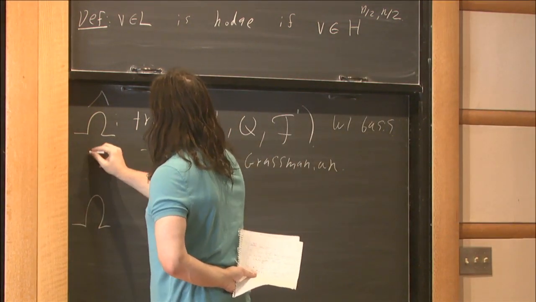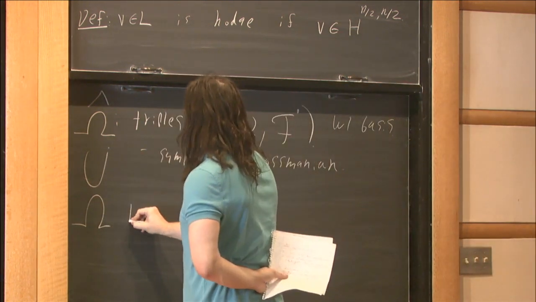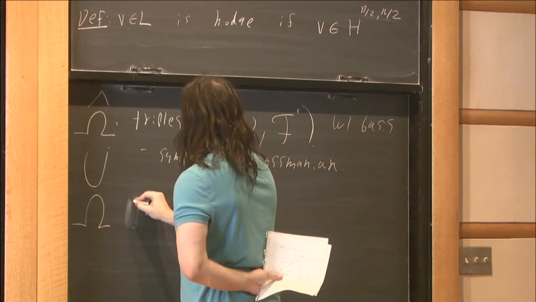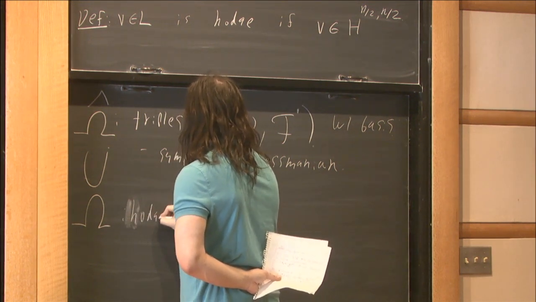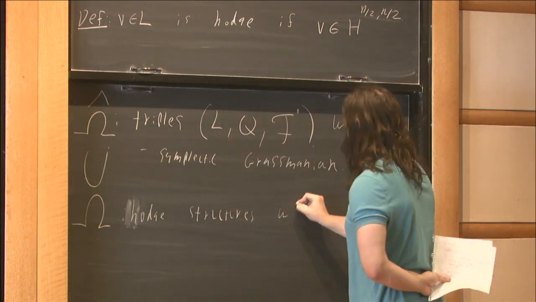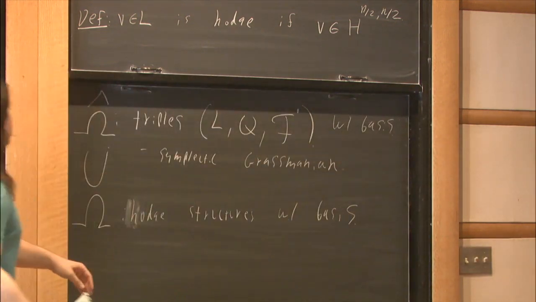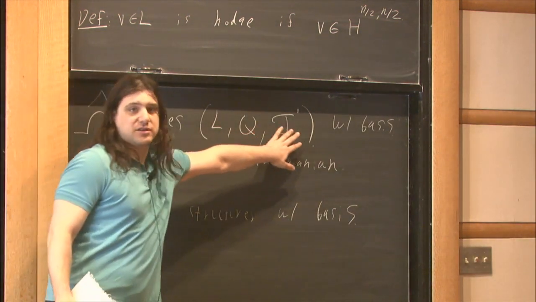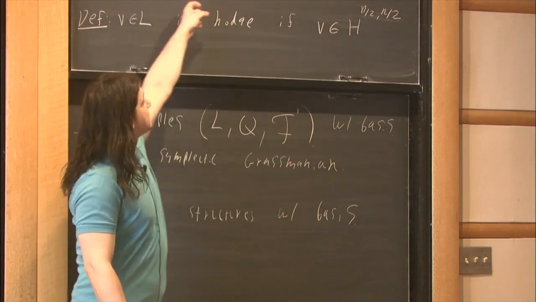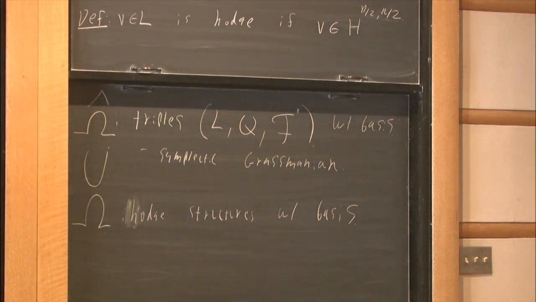And inside here, I'm going to call omega the Hodge structures with a basis. So in other words, I'm going to look at the open subset of these guys. And there is an open subset where when you intersect like this and get these H^{p,q}, you in fact get something which satisfies these conditions.